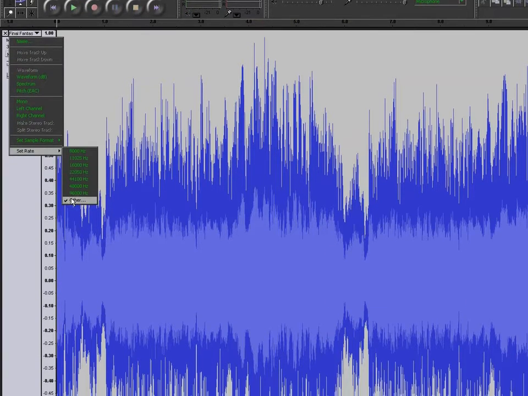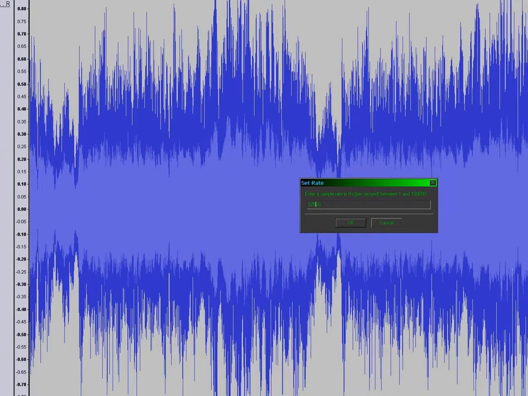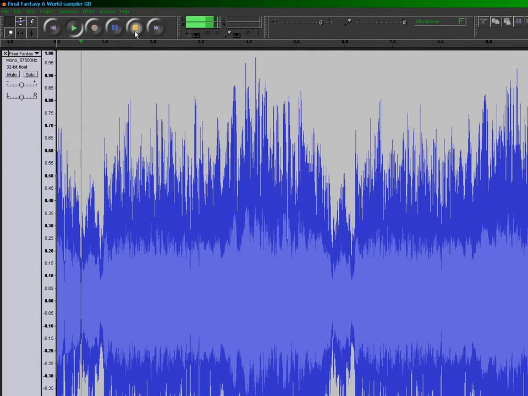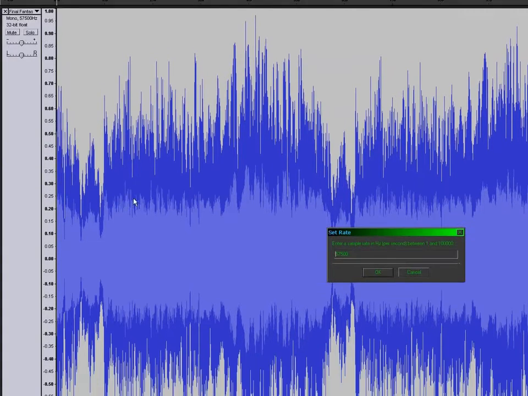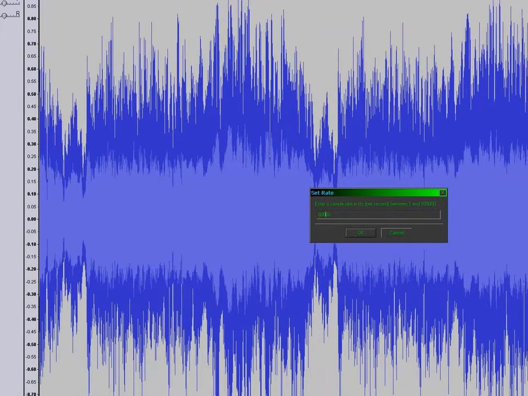That's 110. Now I'm going to go for 115. It's actually a slight improvement. So now for 120.